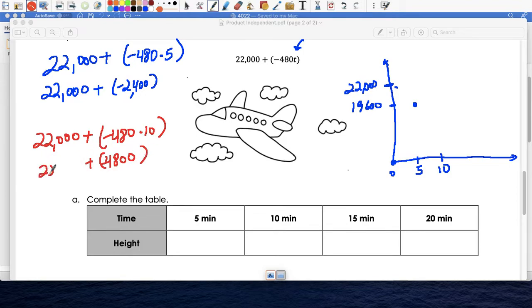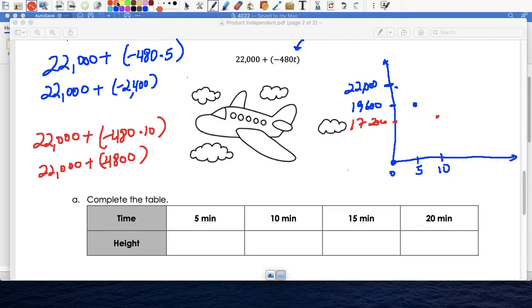And 22,000 plus negative 4,800. Now the airplane after 10 minutes is at 17,200 feet, right?